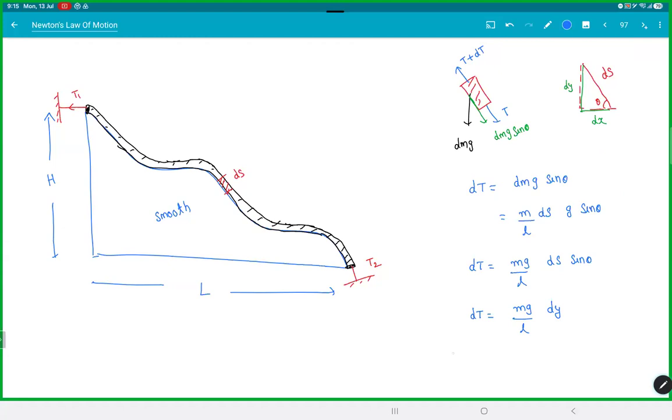If you integrate this on both sides, when the height goes from 0 to y, and when the y coordinate is 0, tension is T2 and this is T1. It doesn't matter what the shape of the string is. Mg by L into y. Same formula, nothing changes. Is that making sense?